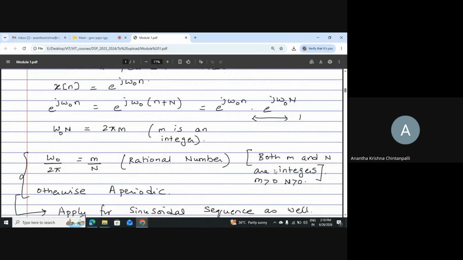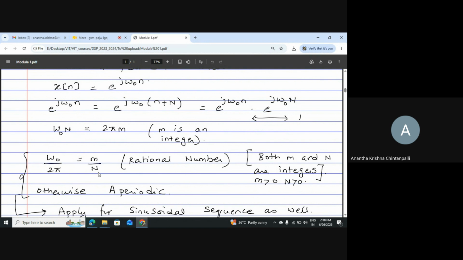So this brings up a very important concept of periodicity. Omega naught divided by 2 pi should be m divided by capital N, which is nothing but a rational number. Remember that both m and N have to be integers and both should be greater than 0. Otherwise it's going to be an aperiodic signal.